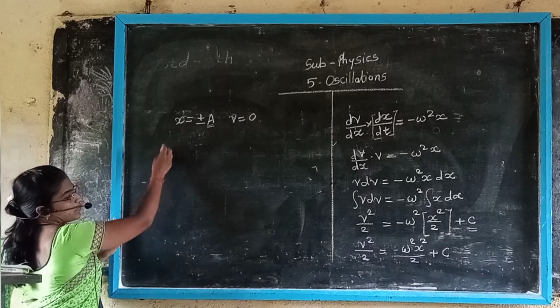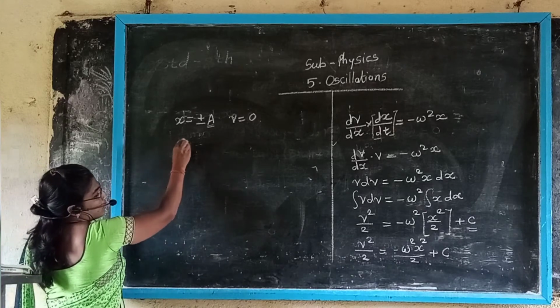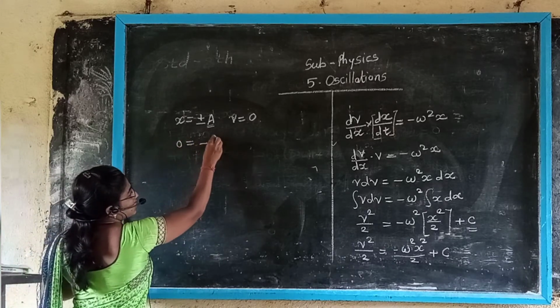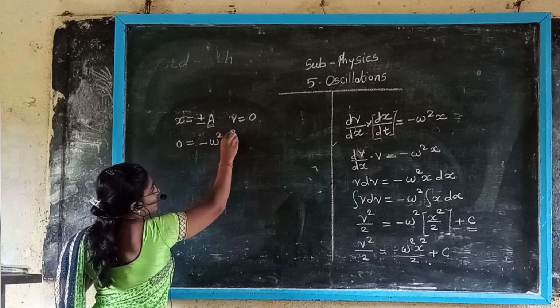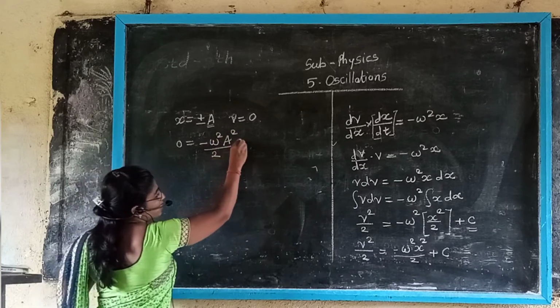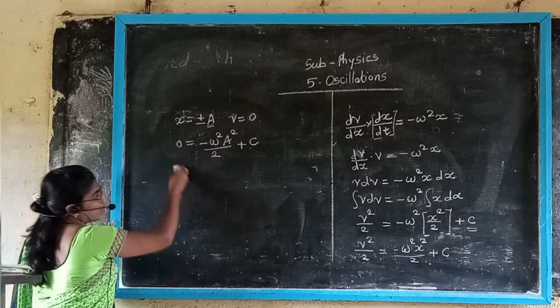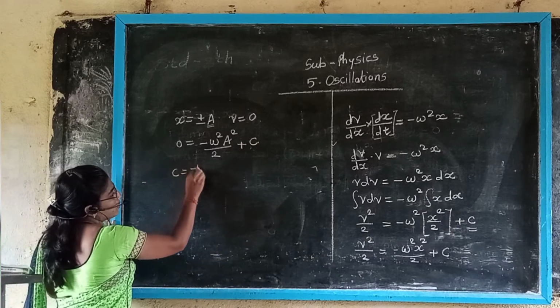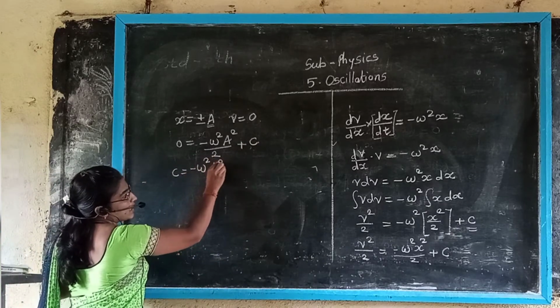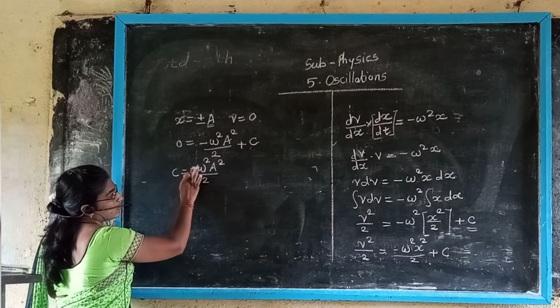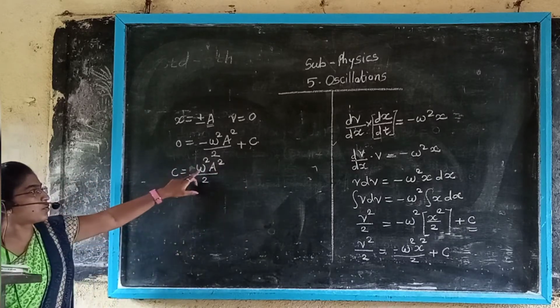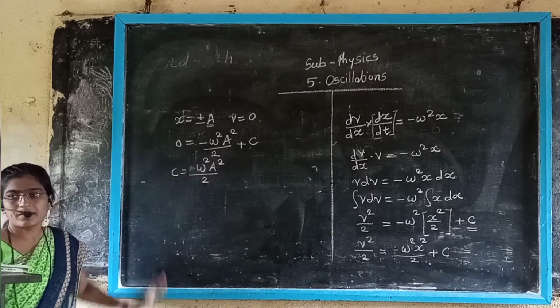Therefore, this equation becomes 0 is equal to minus omega square a square by 2 plus c. Therefore, c is equal to omega square a square divided by 2.